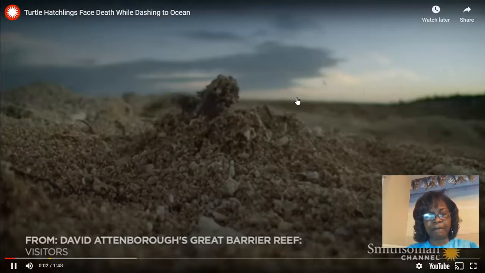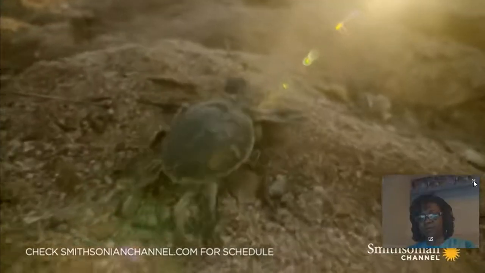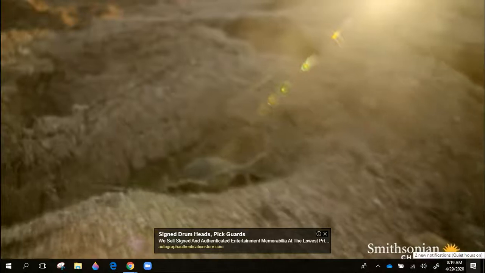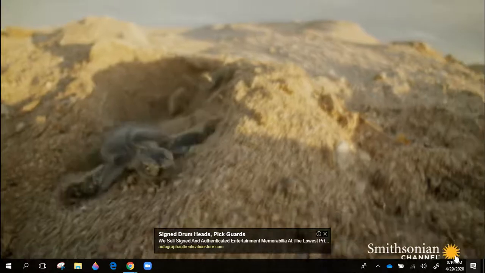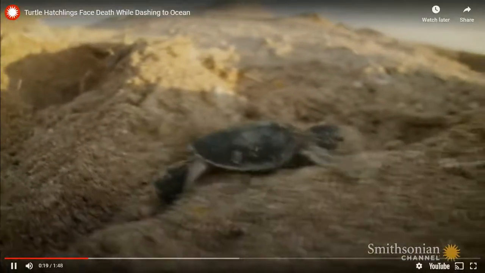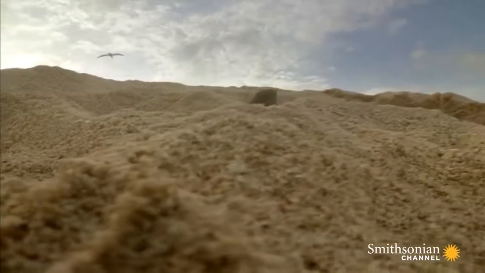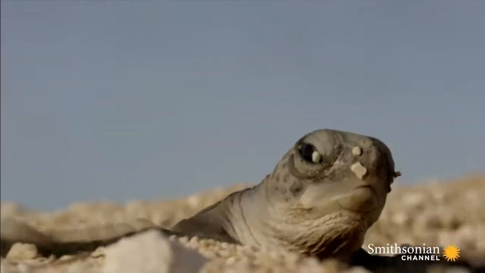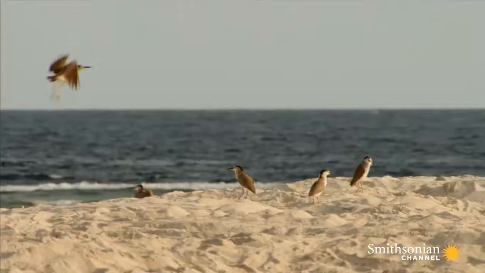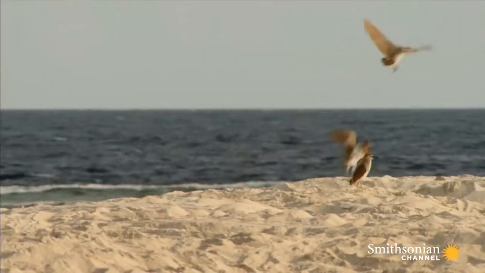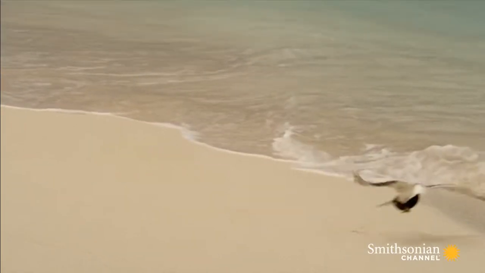The first of the hatchlings start to emerge. But for the young hatchlings, the trials of life have only just begun. Each new arrival will have to make a perilous dash to reach the ocean. Now they're on their own. Inevitably, the tiny defenseless hatchlings attract scores of predators. Terns and herons patrol the beach.